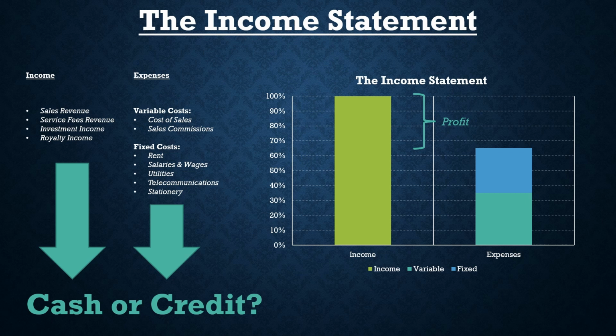Income that was made on credit would only result in a cash inflow to our business once our accounts receivable settled their balances owing. Expenses incurred on credit would only result in a cash outflow from our business once we settle our accounts payable.